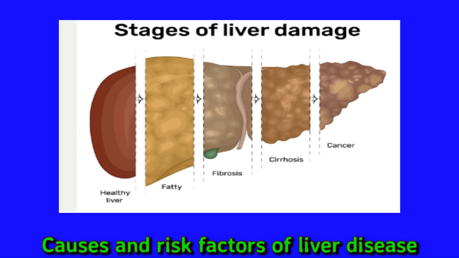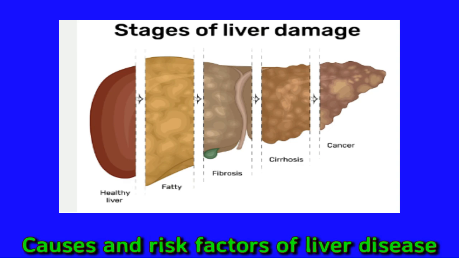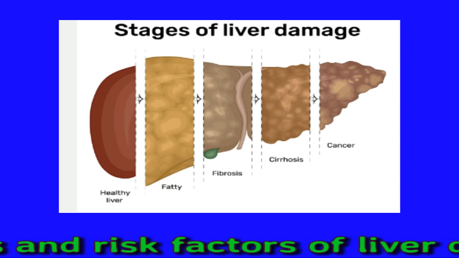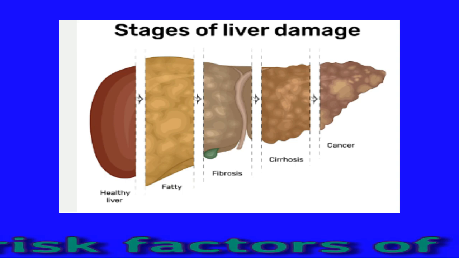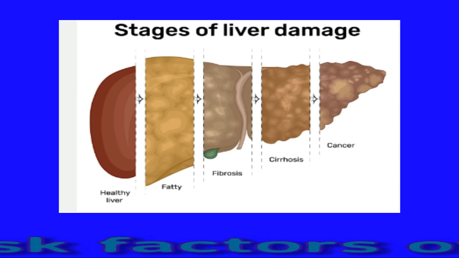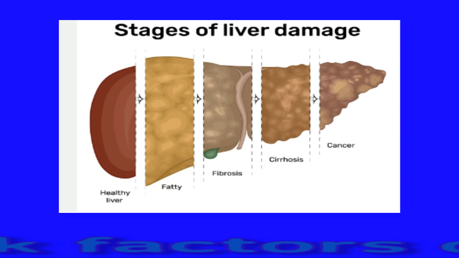Factors that increase the risk of developing a liver disease or a related complication include excess alcohol use, injecting drugs or sharing needles, sex without using a barrier method such as a condom, exposure to certain chemicals or toxins, diabetes, obesity.